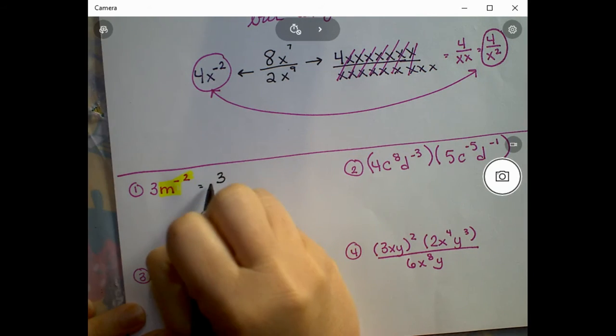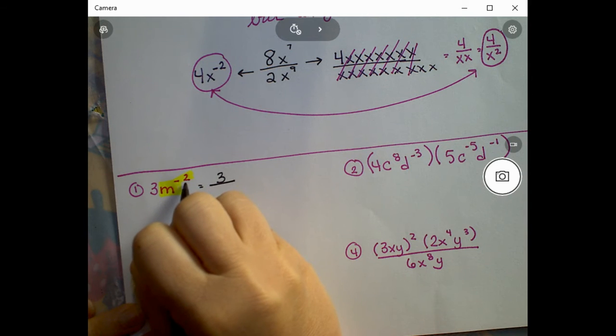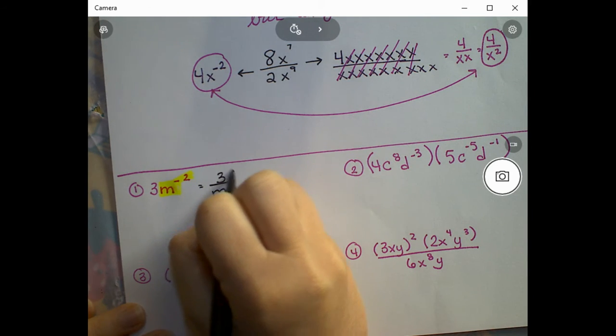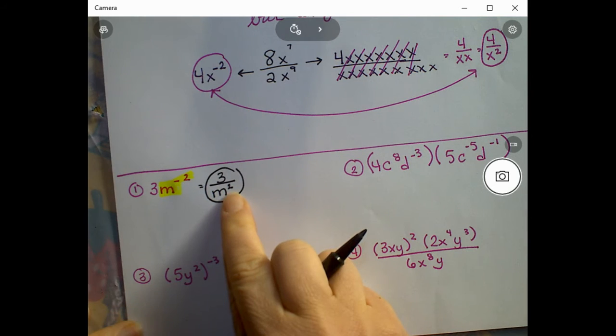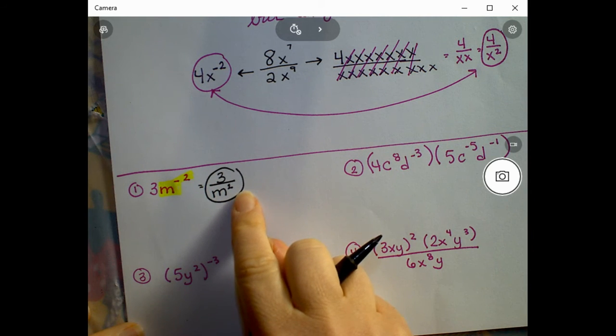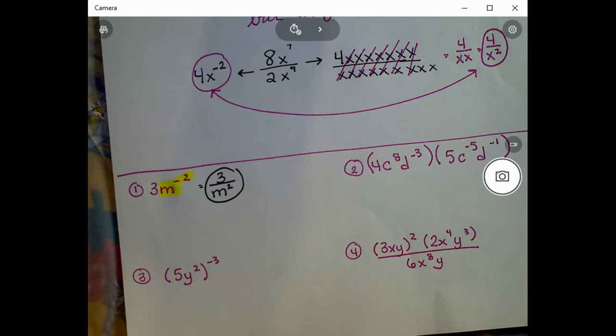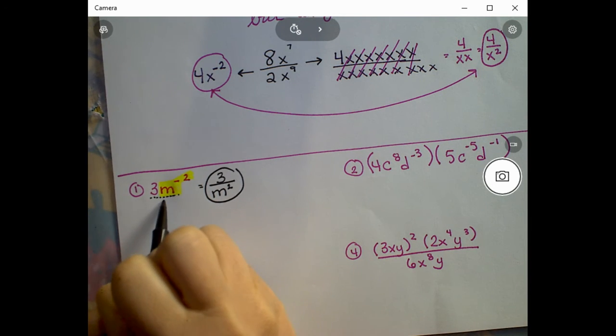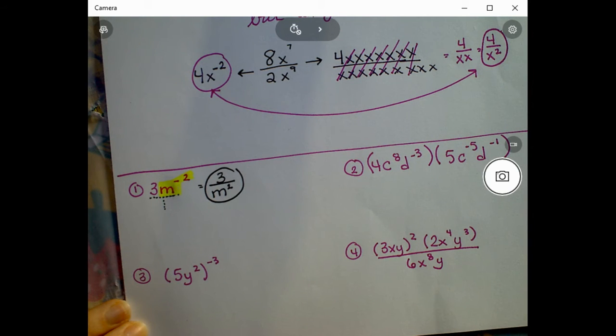But the m's are negative. There's negative 2 of them, so we're going to put those into the denominator and change it to positive, okay? m to the negative 2, m to the positive 2. It moved to the denominator. And just in case you couldn't see it, there's an implied fraction there, okay, over 1.